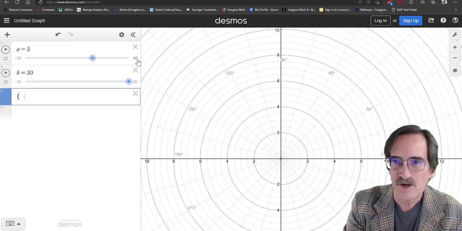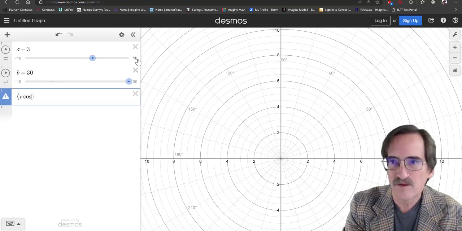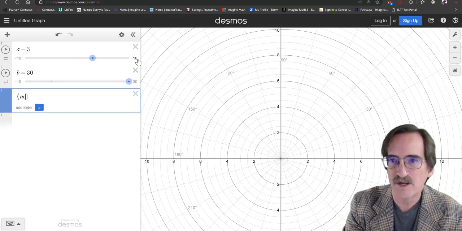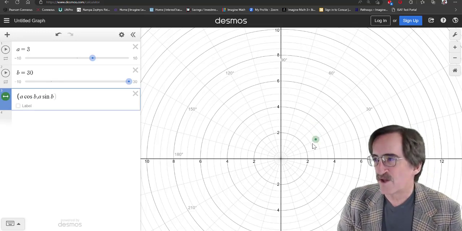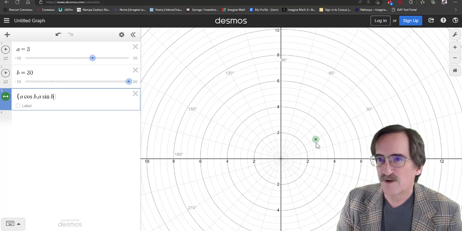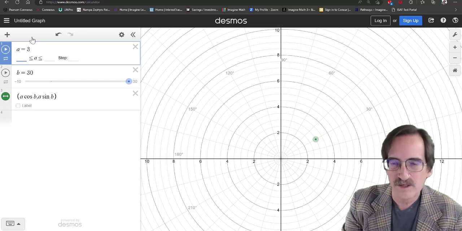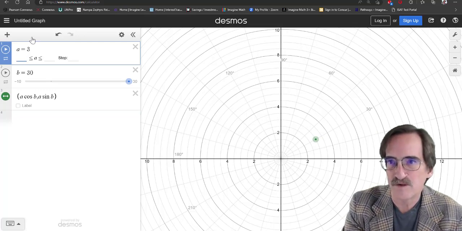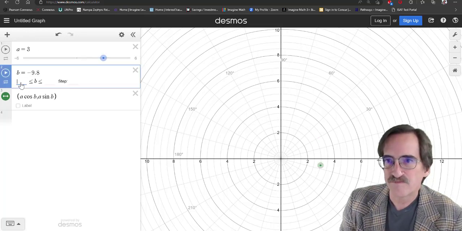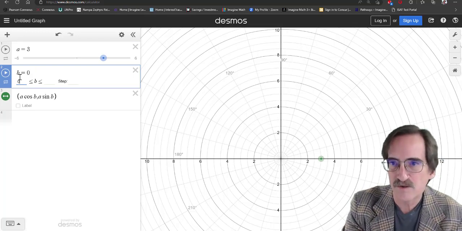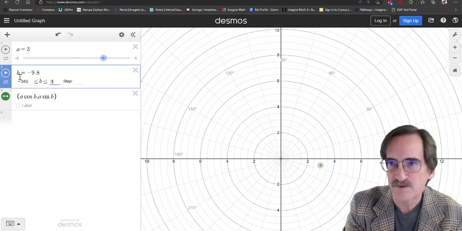And we're going to graph a cosine b, comma, a sine b. Okay, and now you'll notice that corresponds to 3, right? And I can vary. Let's let a, which is r, be from -6 to 6. Okay, and let's let b be from -360 to 360.